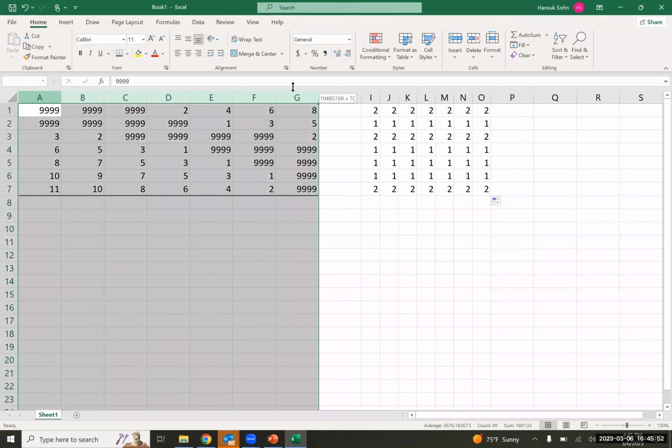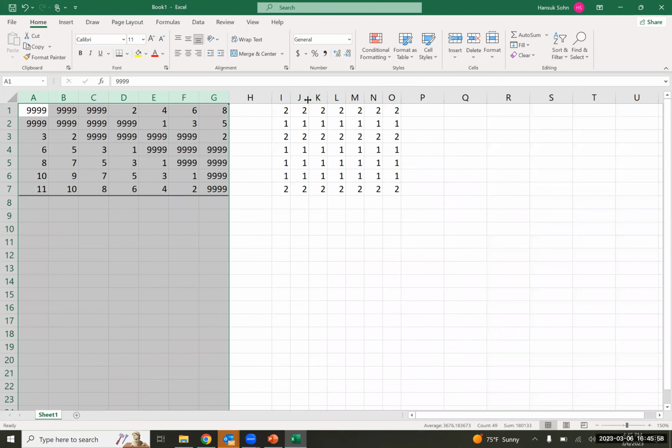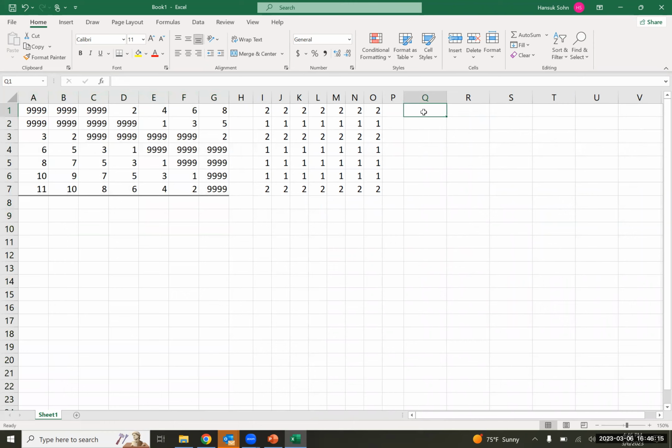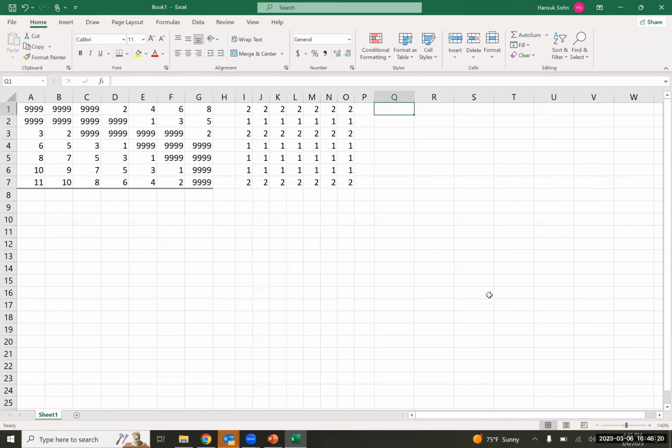And let me just adjust the column width so that I can show you the cost matrix. How many columns? 1, 2, 3, 4, 5, 6, 7. Okay, now it should be okay.